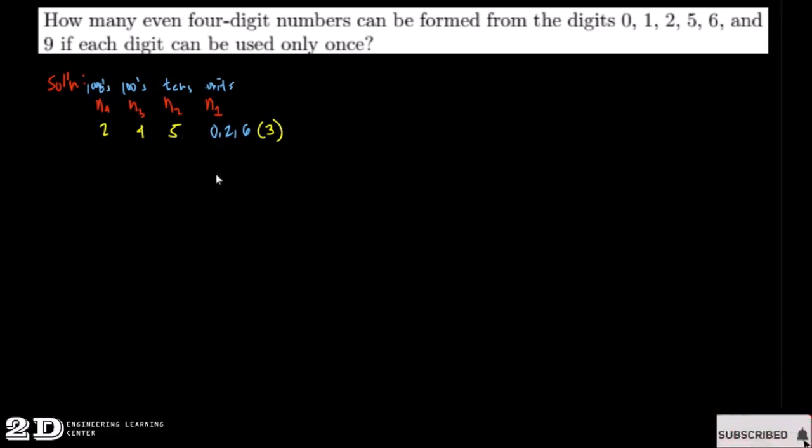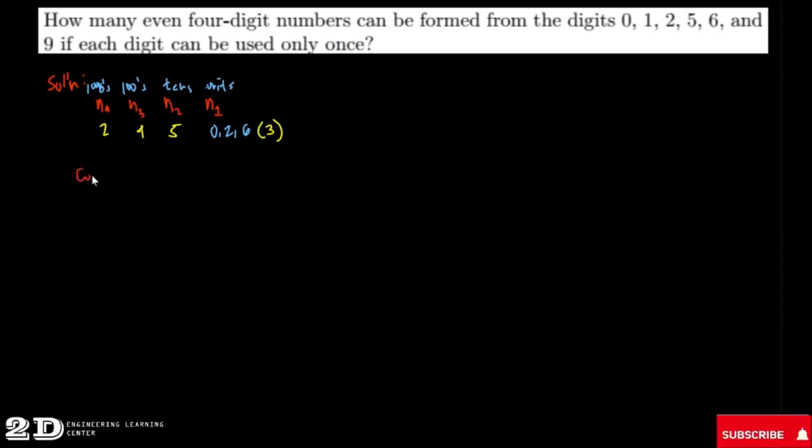But remember, we have to really consider the thousands place. So we need to have a different approach for our solution. So first, we will consider our N1, okay, so that is the first condition.